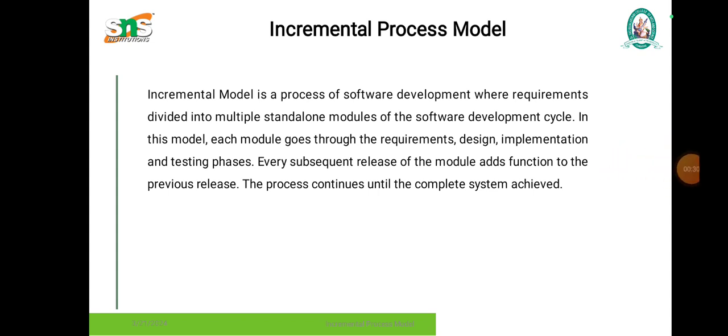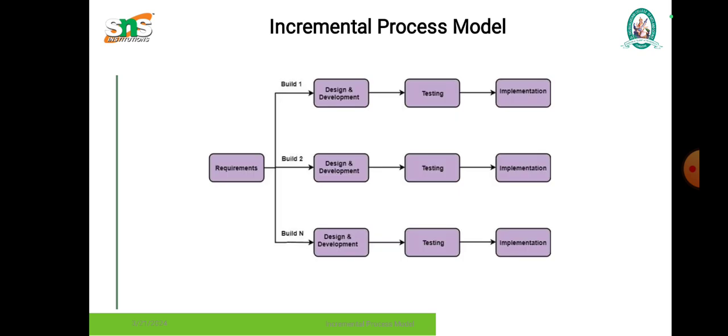In this model, each module goes through the requirements, design, implementation and testing phases. Every subsequent release of the module adds functions to the previous release. The process continues until the complete system is achieved. This is called the incremental process model.